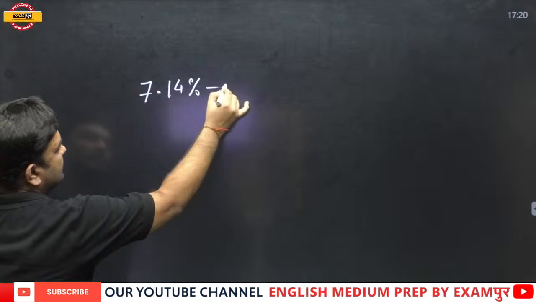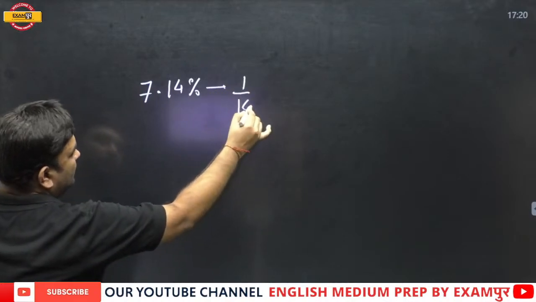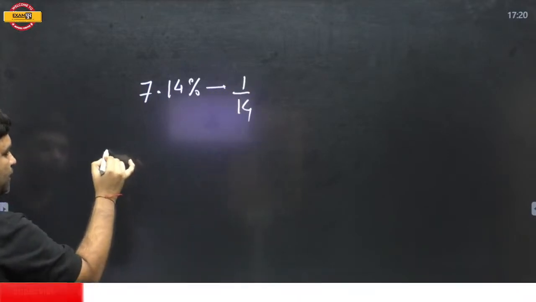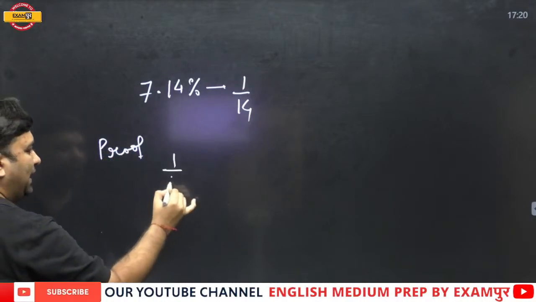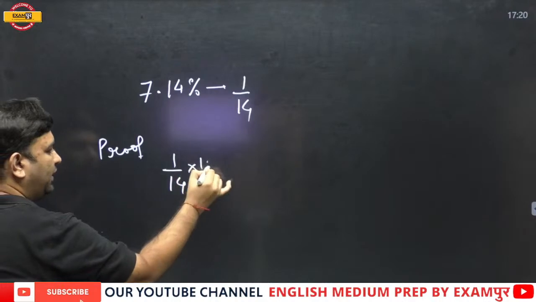7.14% is 1 by 14. Proof. Multiply 1 by 14 into 100.